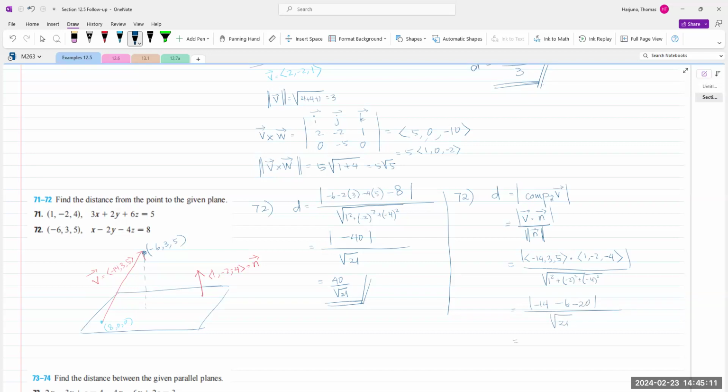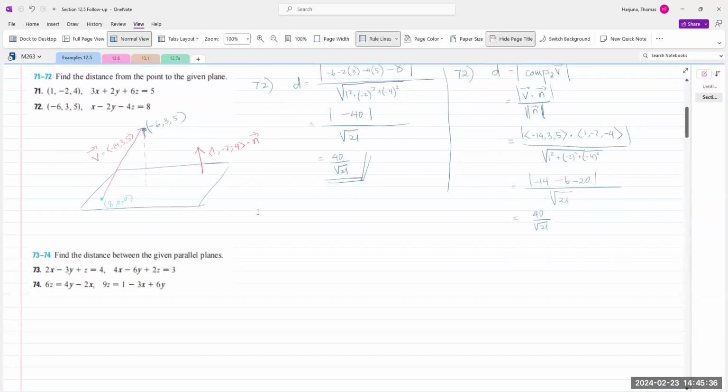That gives us 40 over the square root of 21. Same answer. Of course, if you memorize the formula, that will be better. But if you don't, you still can recover the distance by doing that component thing.